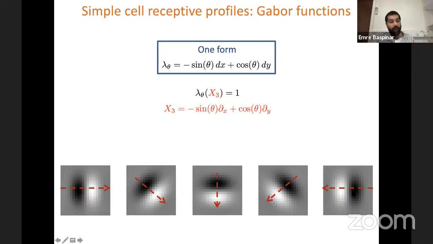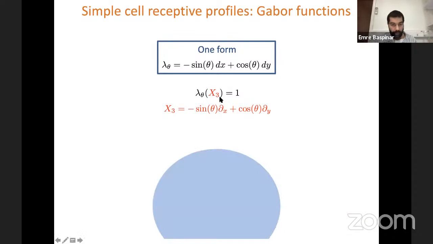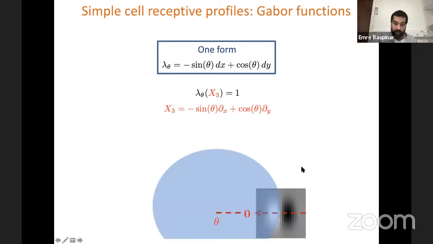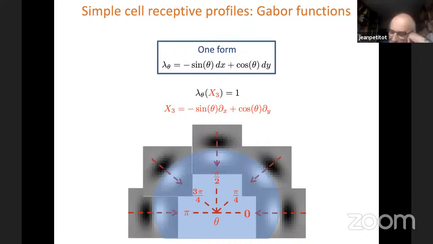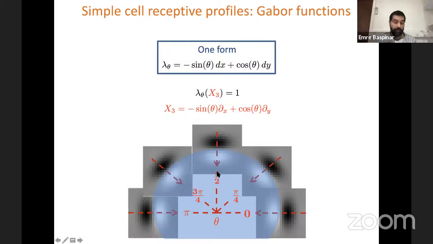In other words, Gabor functions, just like the one form lambda, give their maximum responses once their maximum gradient direction coincides with the actual gradient direction of the objects in the two-dimensional image, just like in the case of this example, disk image. And in this way, Gabor functions can extract the boundaries of the objects found in the given two-dimensional image.